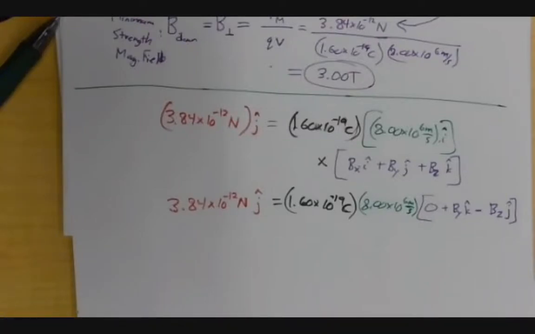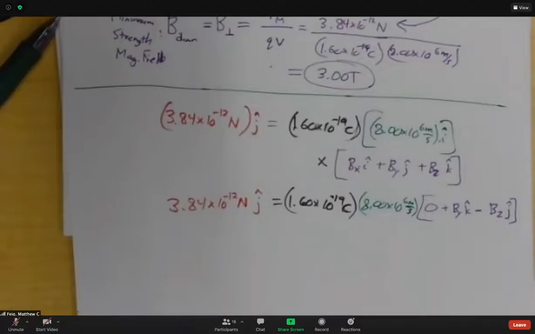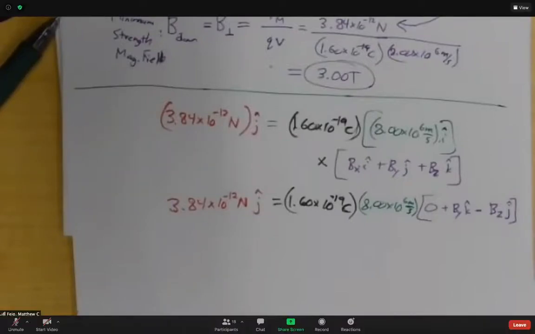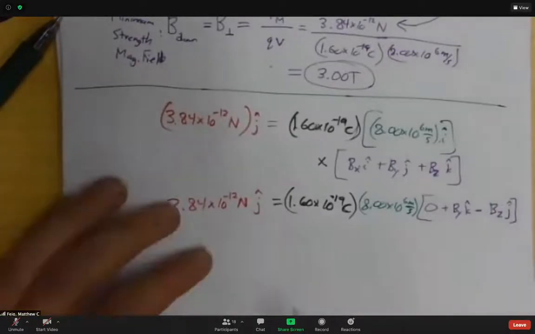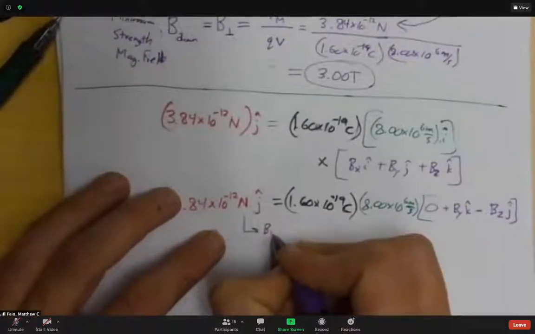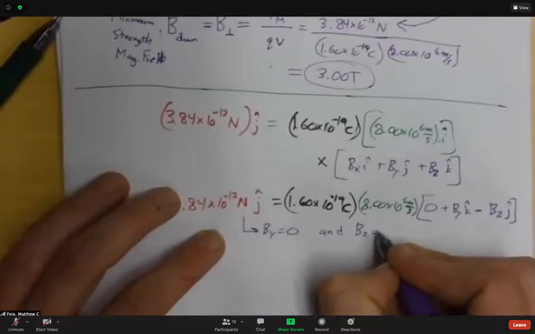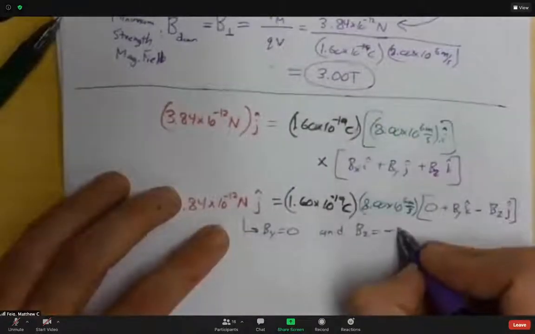Things can come out negative, and you can equate the j hats, drop the j hat, and solve that equation. You get that Bz is negative force over qv, and the negative indicates the downward direction. So we learn two things: By is 0, and Bz is negative. The number up above was 3 Tesla.